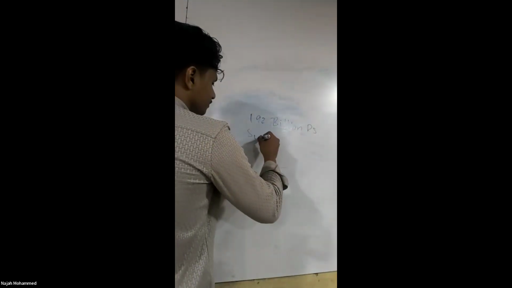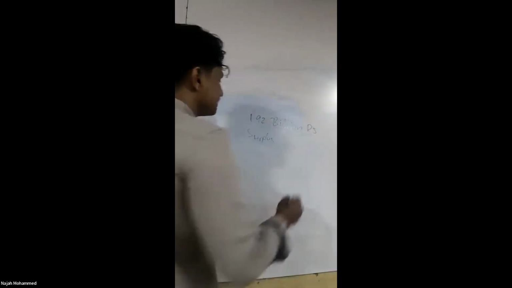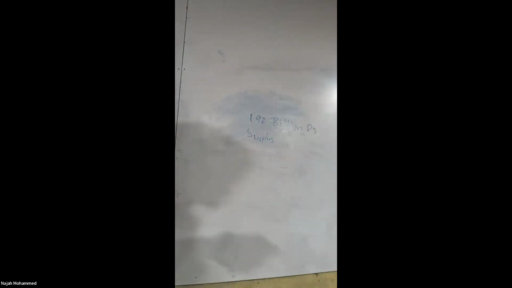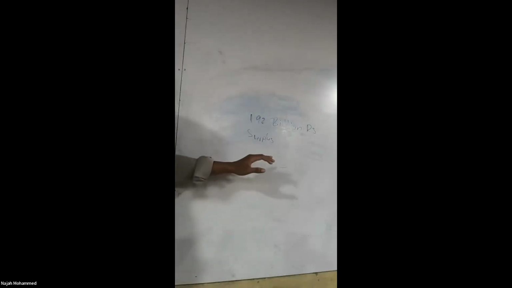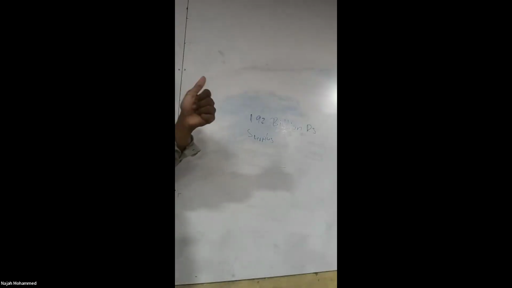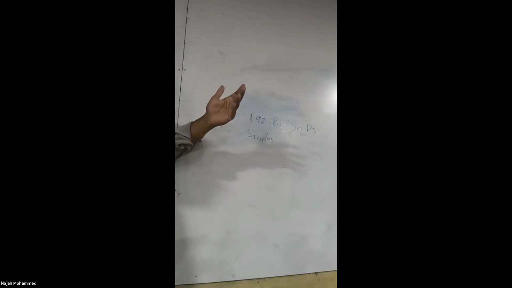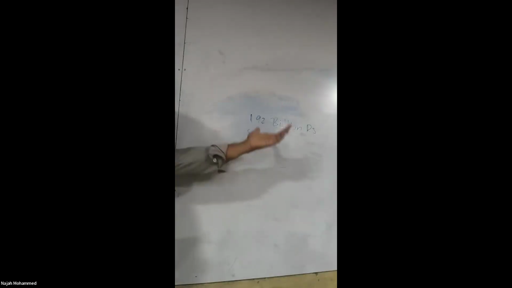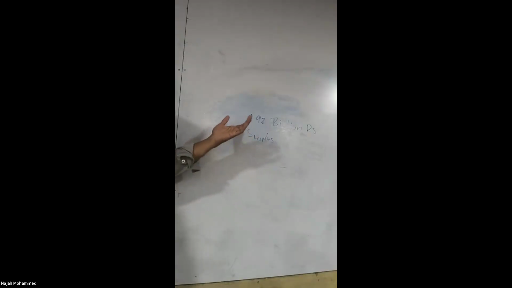What does surplus mean? Surplus means you have an extra from the budget in the first 6 months of 2026. You have 192 billion extra; this money hasn't been used.